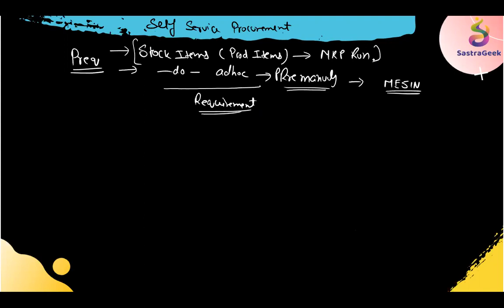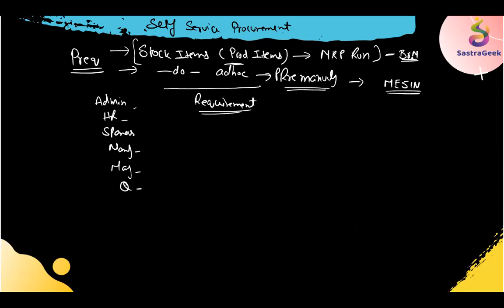Each department would have their own requirements: the admin department, HR department, spares departments, different manufacturing units and departments, the quality department. They would have a lot of material requirements which are not production items or part of a bill of material. They are ad hoc materials, or non-production items.